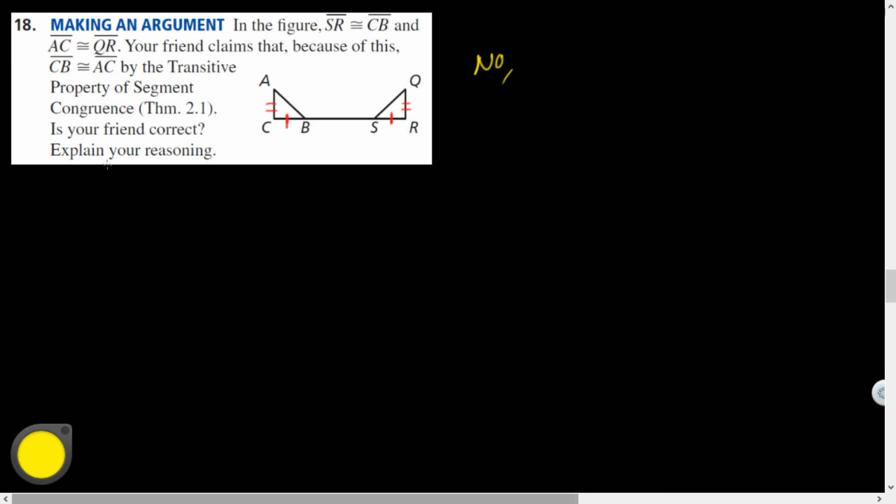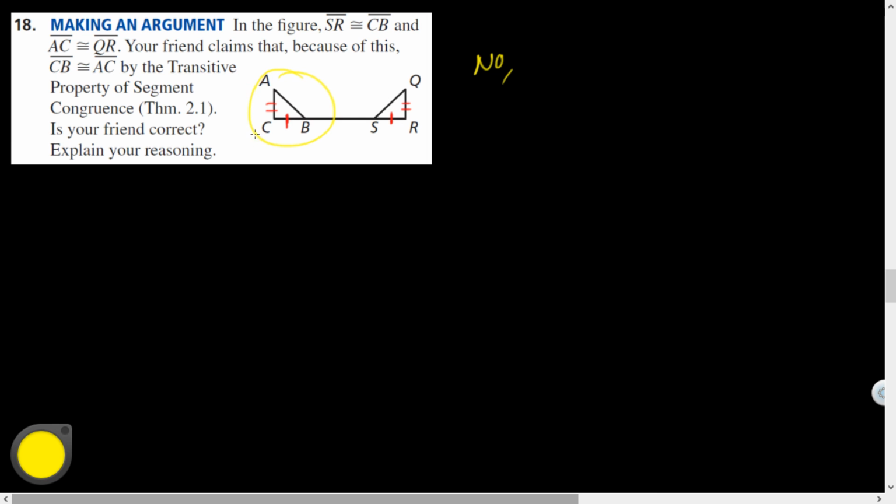But also, the reason that doesn't work is that I know these two are congruent to each other, and I know these two are congruent to each other, but I don't have a middle link for that chain. I can't connect those things to one another. I know that I have two pairs of congruent sides, but I cannot relate those pairs to each other just yet.